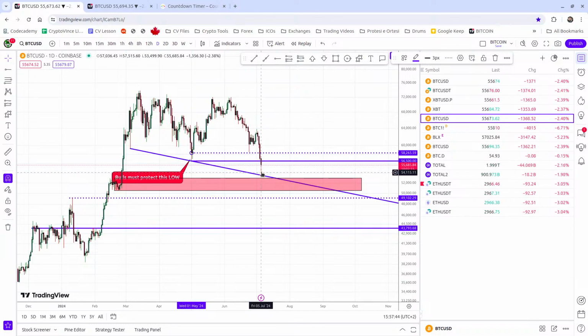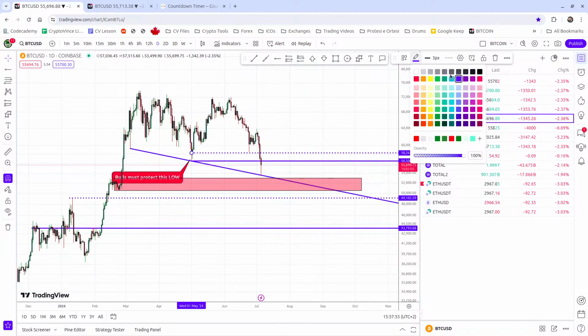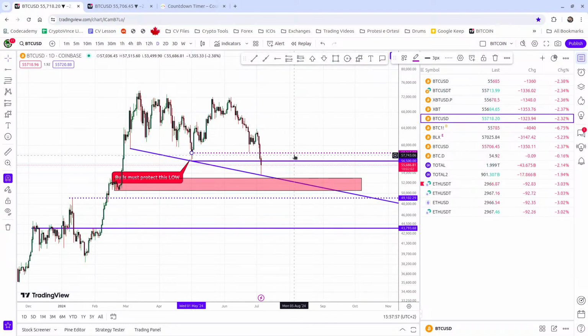I don't like that at all. To recover, we really would have to go above 58.2 at this point, the purple dot. And closing above this blue line is not going to make a difference because it's already happened and the price dropped.